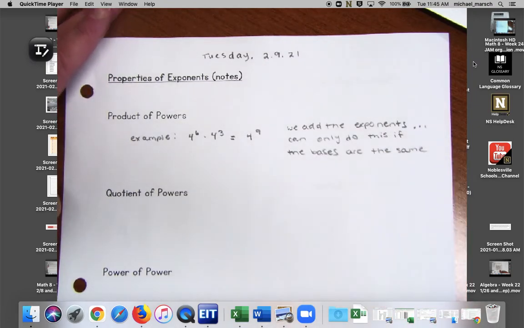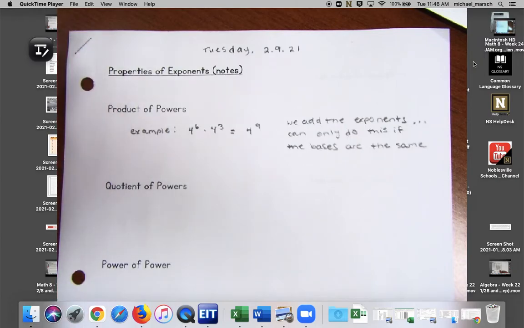So that's product. Really what we did is a shortcut of 4 times 4 times 4 times 4 times 4 times 4 times 4 times 4 times 4. So we know we have 9 of them, so we don't have to write all that out. We can just do the shortcut. 6 plus 3, I have 4 to the 9th power.